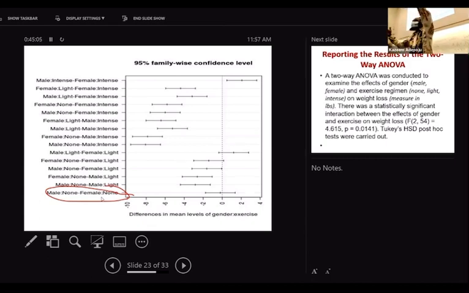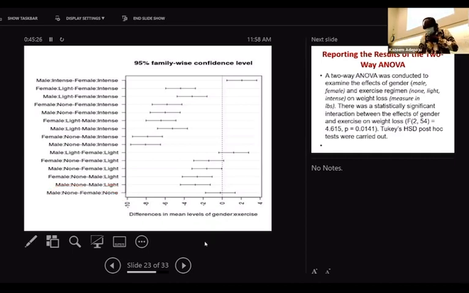We want to compare their weight loss. Now their interval actually includes 0. When the interval includes 0, what does that mean? There is no significant difference between the weight loss. That makes sense to me because they don't do exercise.